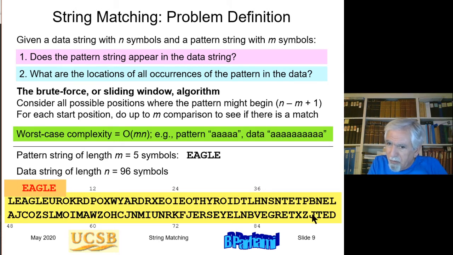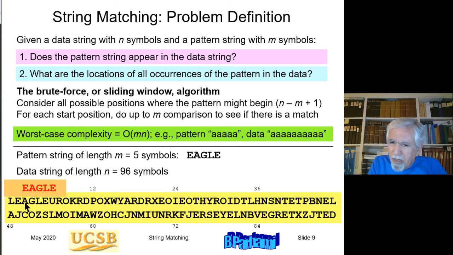Four positions from the end, because what I'm looking for is 5 letters. So this is the last position where it can start. So it's roughly n. Remember I mentioned that m is typically much smaller than n. So roughly n starting positions.